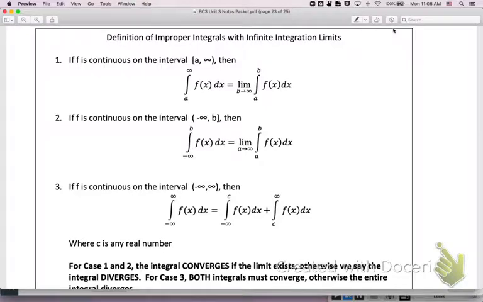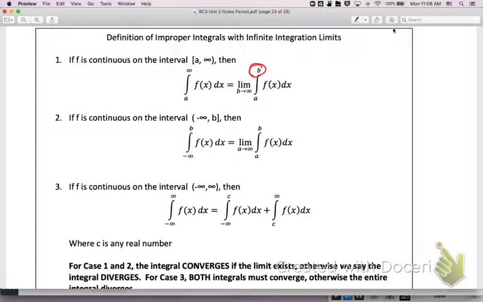Typically we use b or a, depending on the situation. We've already got an a here, so we'll use b. What we want is the limit as b approaches infinity of the integral from a to b of f of x. This was where the infinity was. We're going to keep going and going as we approach infinity and see what happens.